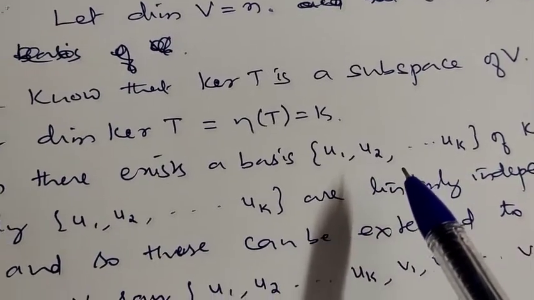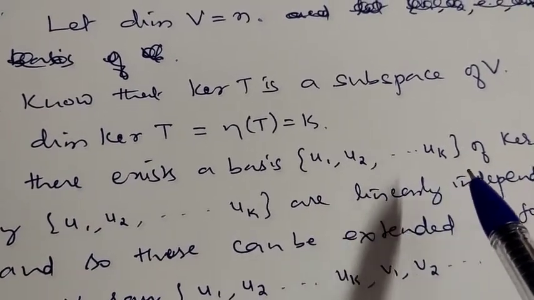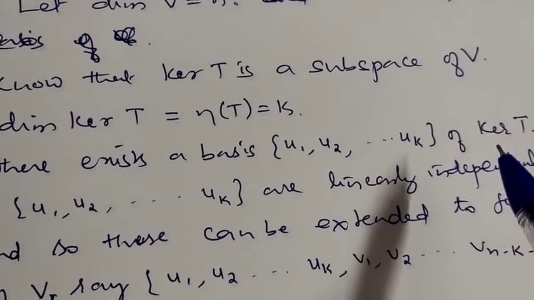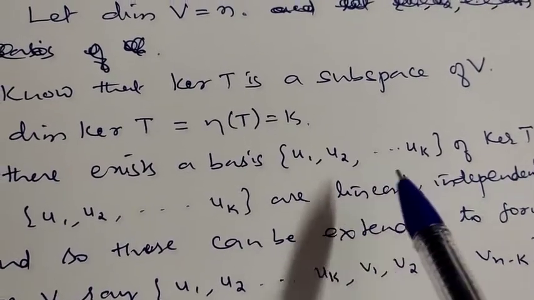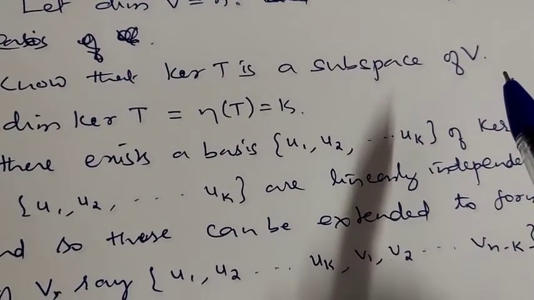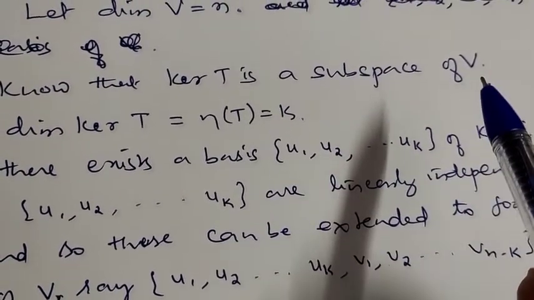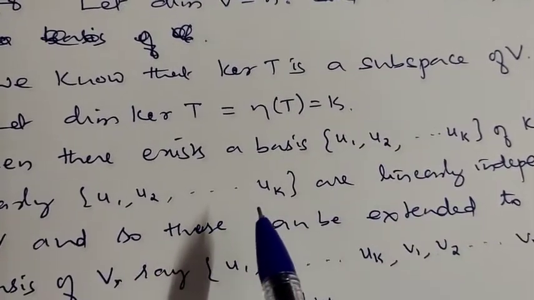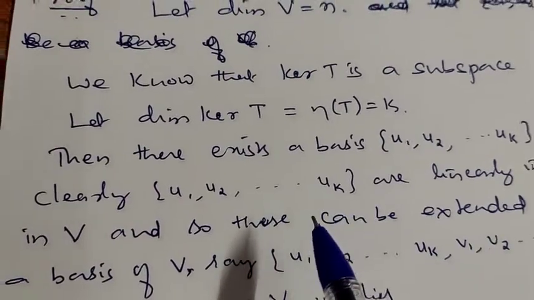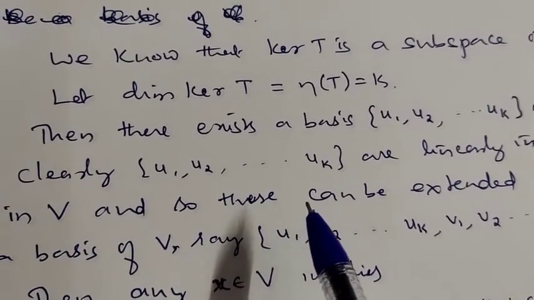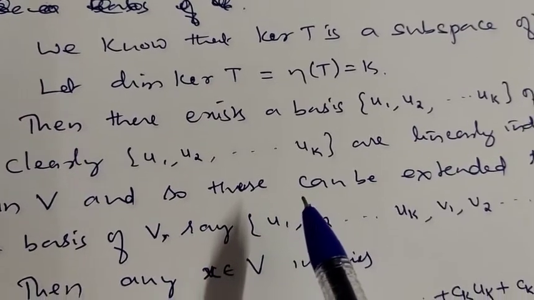Now, these are basis elements of the kernel of T, so they are linearly independent in the kernel of T. That means they are linearly independent in the vector space V, because these are elements of V itself. So now we have K linearly independent vectors in V. You know that every linearly independent set in V can be extended to form a basis.